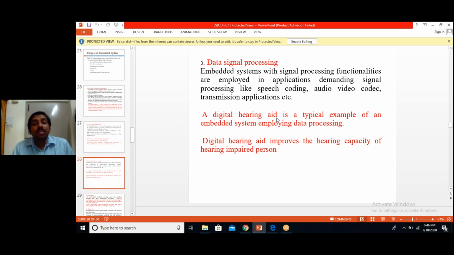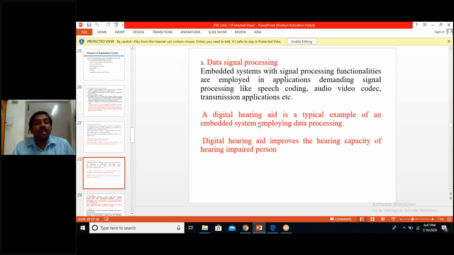Digital hearing aid is used for people who could not hear. So digital hearing aid improves the hearing of the hearing impaired person. Once it is placed, the data is processed within it, it is modulated. So whatever the data he is listening to through a digital hearing aid, it is processed in the digital signal processing unit, and it is maximized.